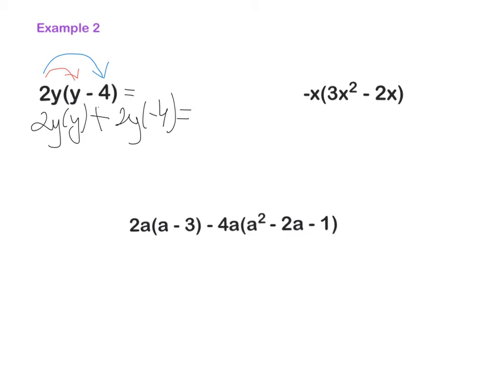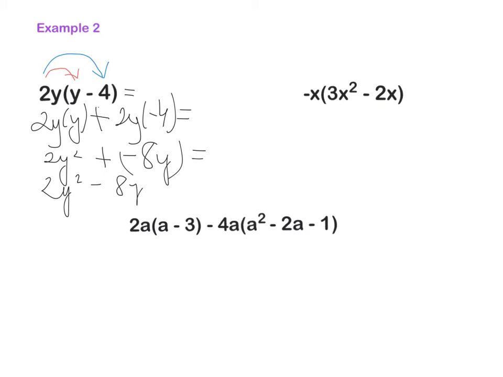So then 2y multiplied by y is 2y squared, y multiplied by y is y squared, not 2y, plus 2y multiplied by minus 4 is negative 8y. So you can leave it as it is in here, or you can just write down 2y squared minus 8y.